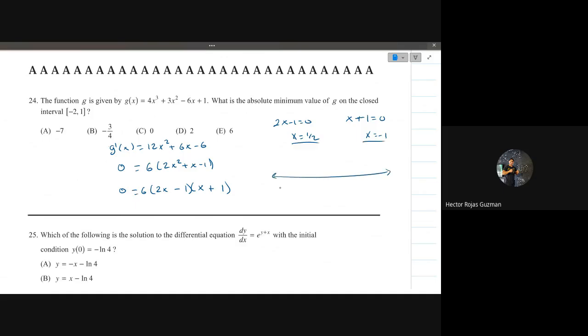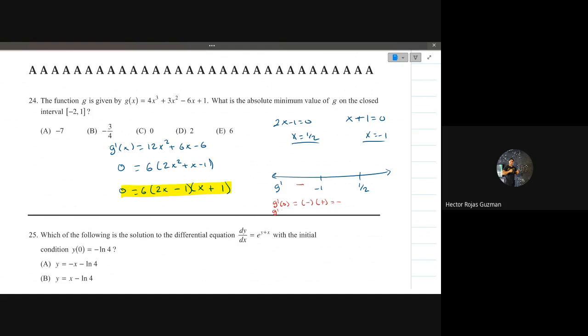Take your number line, g prime, -1, 1/2. Once again, remember, when you're testing your numbers, I don't want to work with this. That's too complicated. Factor form is the way to go. A lot of times, not every time. Because if I do g prime of 0, I get a negative times a positive, which is a negative.